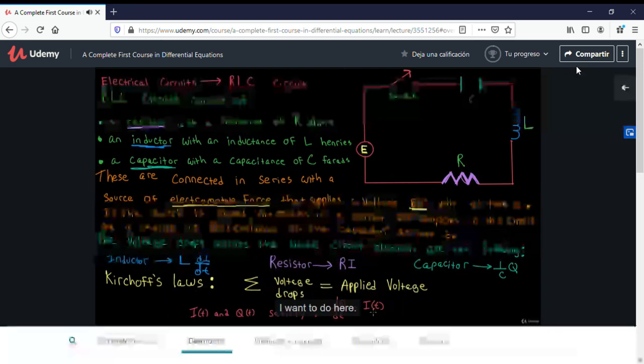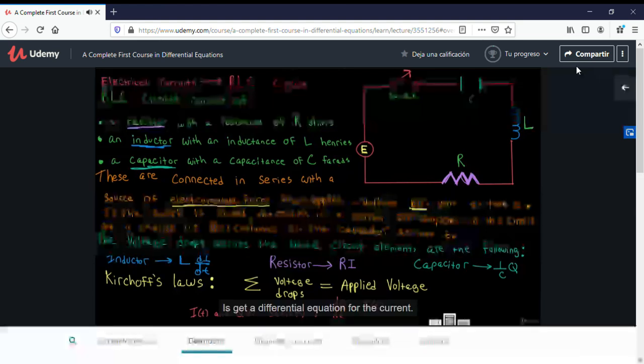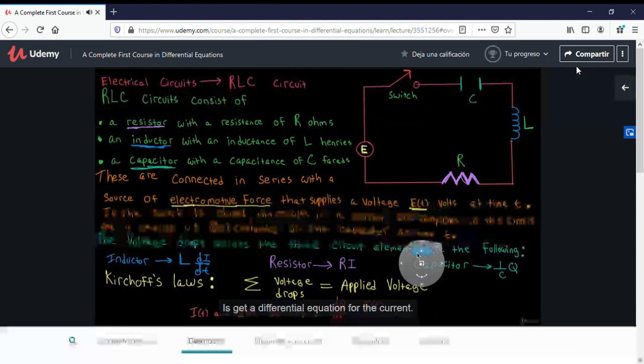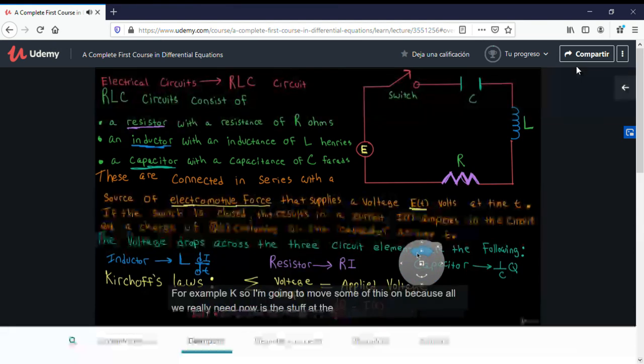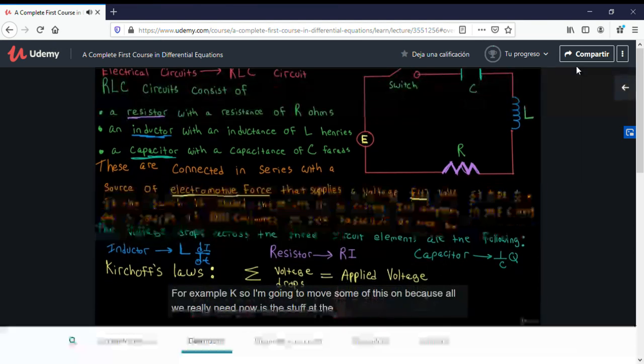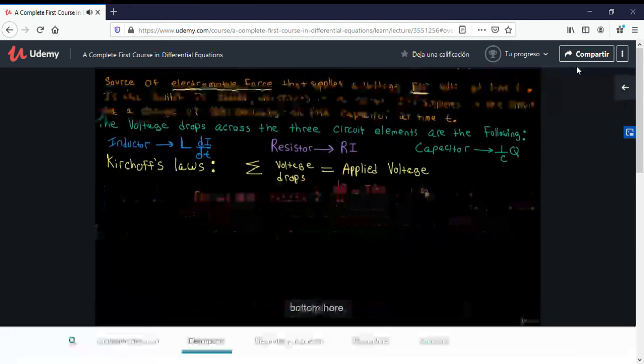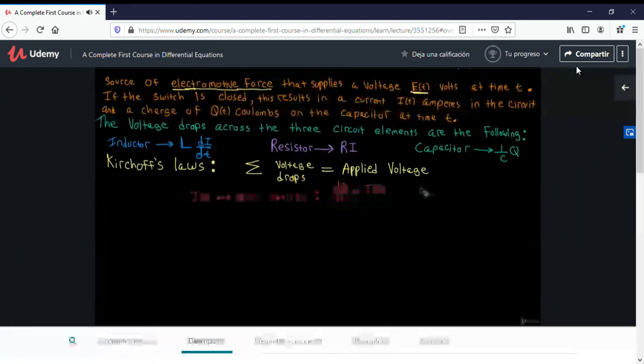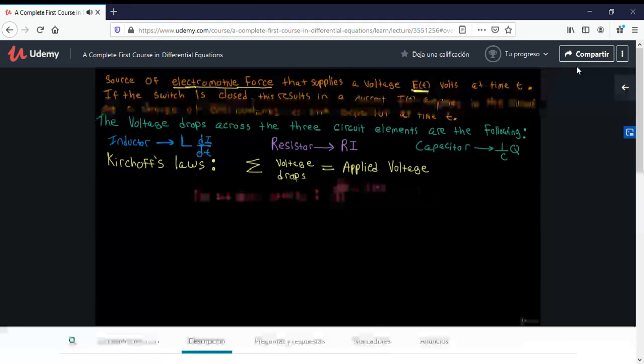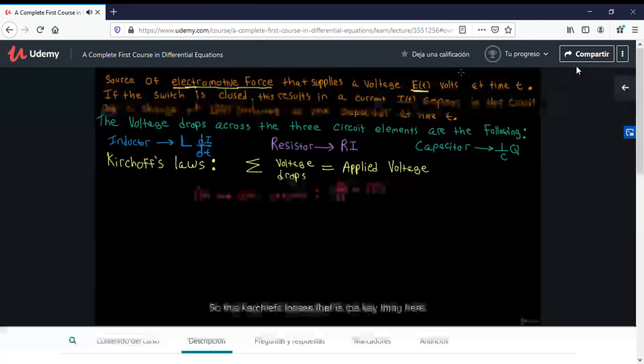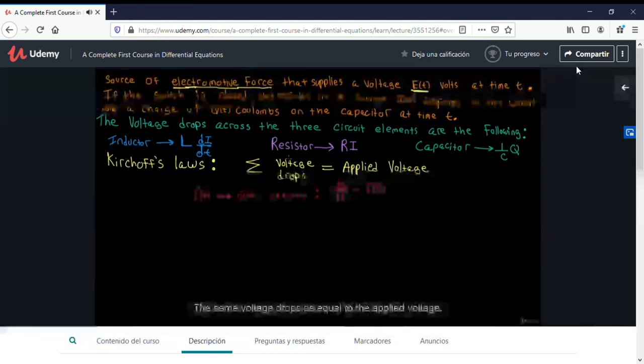So what we want to do here is get a differential equation for the current, for example. Okay, so I'm just going to move some of this up, because all we really need now is stuff at the bottom here. Okay, so let's get out our pen. So this Kirchhoff's law is the key thing here. The sum of the voltage drops is equal to the applied voltage, and here we have the voltage drop across each component.